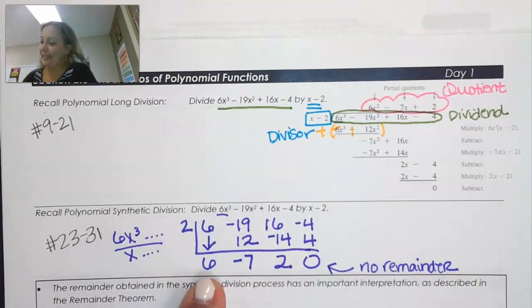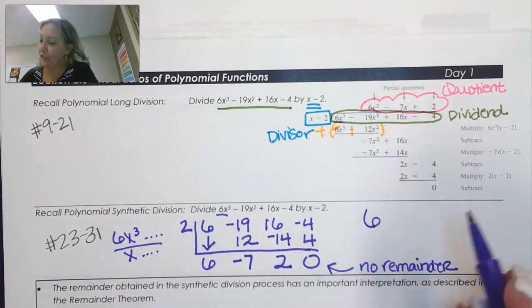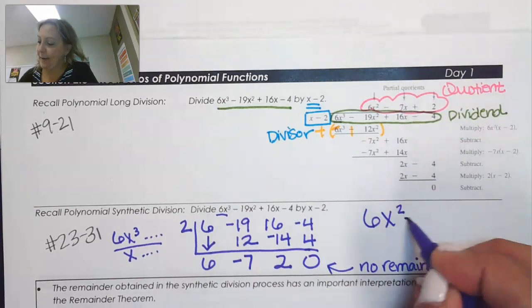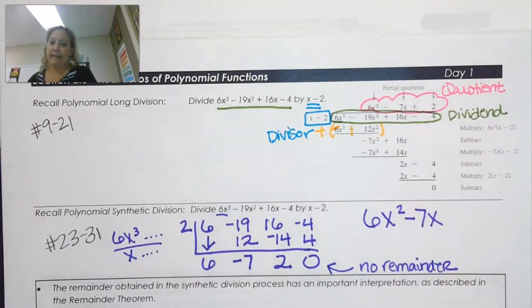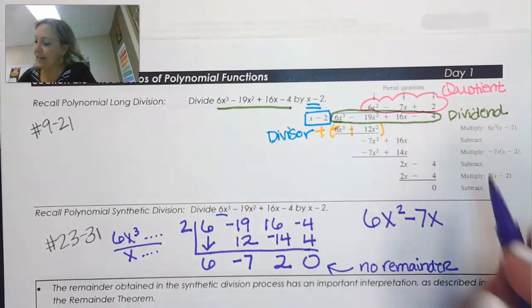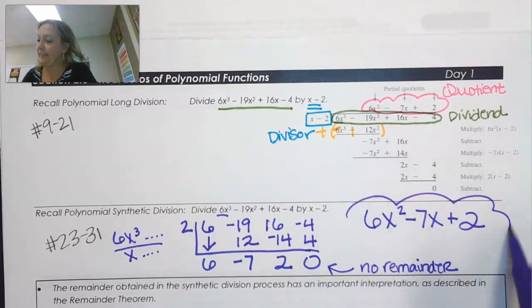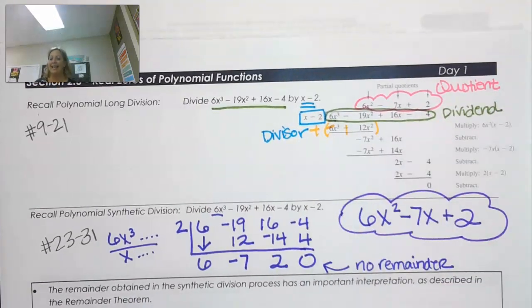And so what that means is that this 6 is going to be the coefficient of x squared. And then we'd have minus 7, the coefficient of x. And then we have positive 2 as our constant. And again, there is no remainder. Hopefully you guys remember that.